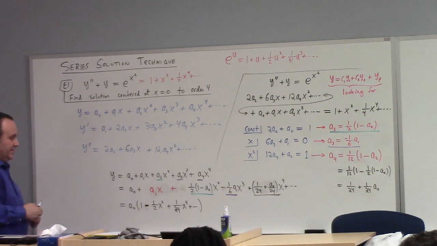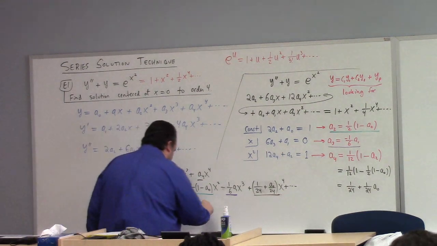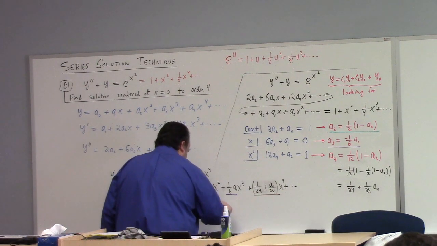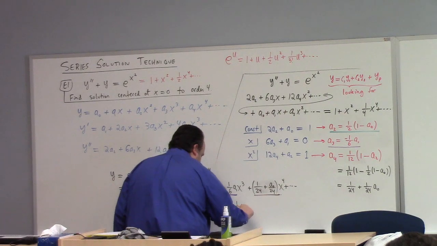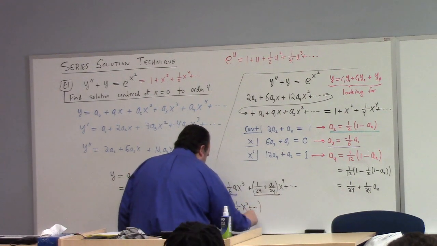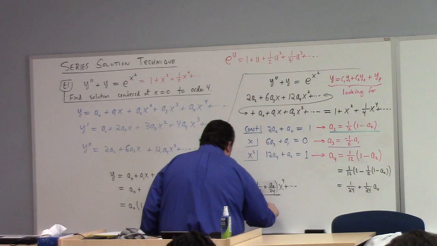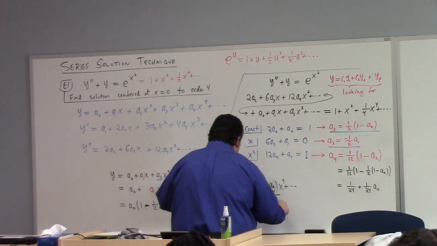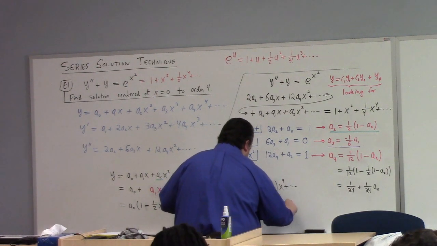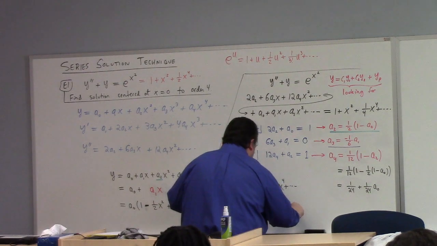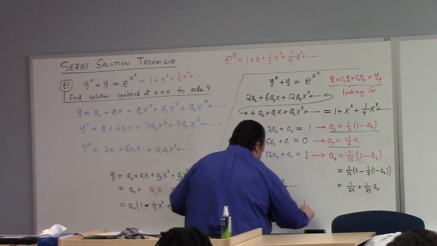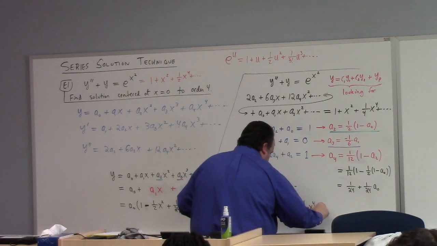Minus 1/2 x squared. Now I've got plus a1. And what I should get is x minus 1/6 x cubed plus dot dot dot. And then plus the terms without constants, namely 1/2 x squared plus 1/24 x to the 4th plus dot dot dot.